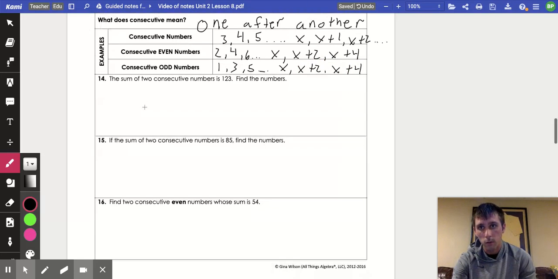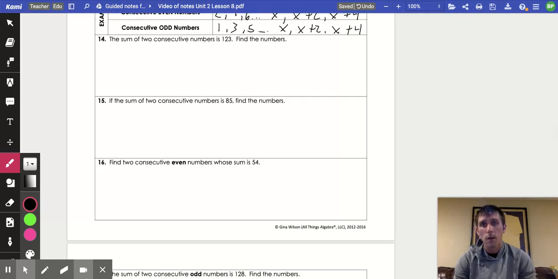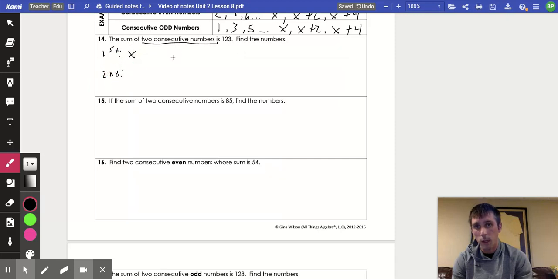All right, so let's take a look at number 14. The sum of two consecutive numbers, okay, so I'm going to underline that, two consecutive, so that means right after each other, is 123. Find the numbers. So the first number we're going to represent as x. What is the second one? If we want consecutive right after each other, it would just be x plus 1.